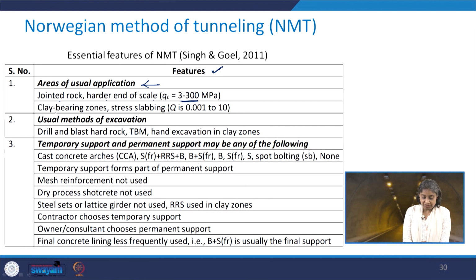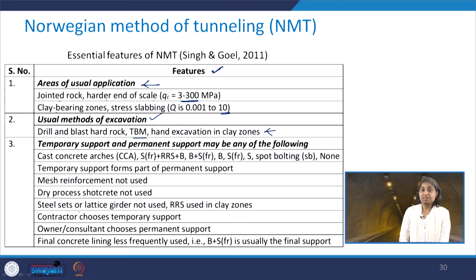Then you can have clay bearing zones or stress slabbing, where Q is as low as 0.001 and goes up to only 10 here. Usual methods of excavation used in NMT are drill and blast in hard rock, then TBM, and hand excavation in clay zones.